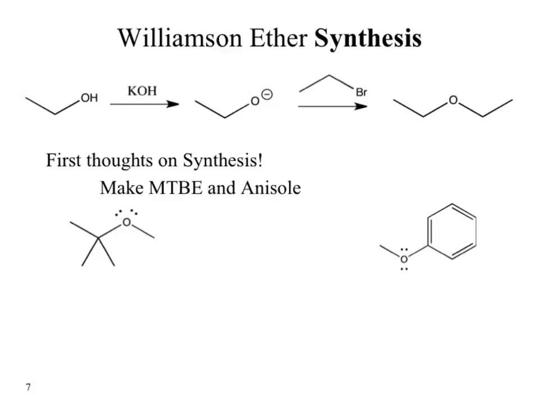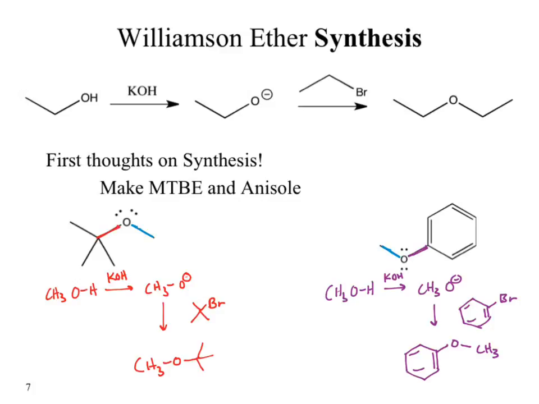Once you think about synthesis, we want to try and identify the bond that we want to make. So we're trying to break apart our structure. In both of these examples, what I did was look at the red bond and the blue bond, or the blue bond and the purple bond. And you'll notice in both cases, I could do either one of those bonds. Either one is a perfectly valid option to use.